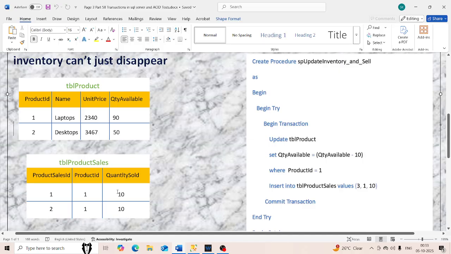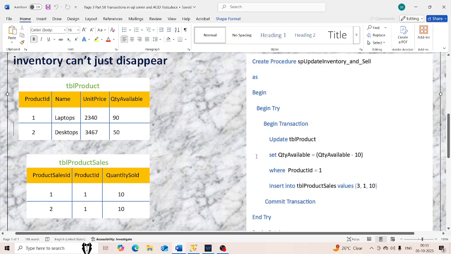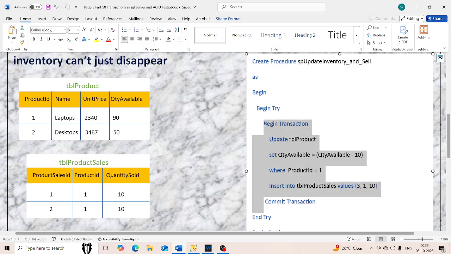So that is what this transaction is doing.